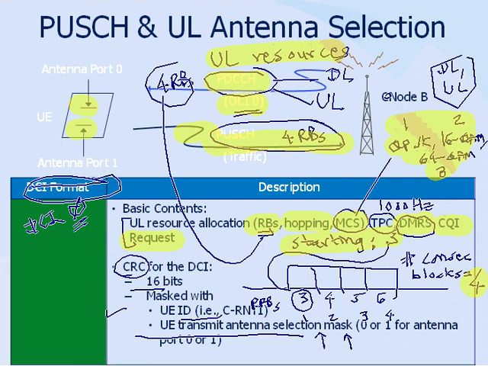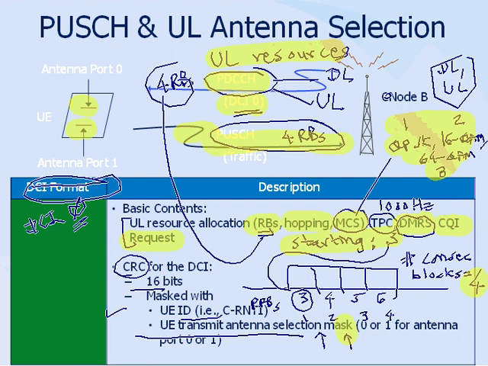So when one antenna is in a fade, then our E Node B can look at the reference signal quality and make a decision. Oh, let me try my luck with the other antenna. Maybe the other antenna signal is pretty good. So then it can choose another antenna selection mask, and that will tell the UE that, oh, I'm supposed to use the other antenna. So then it will switch.